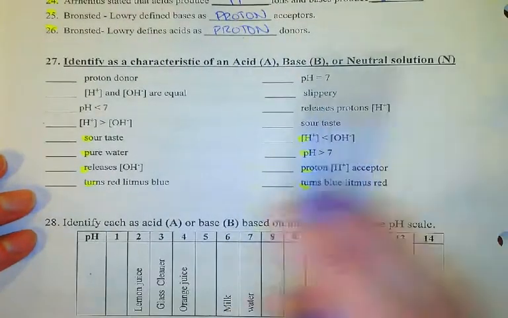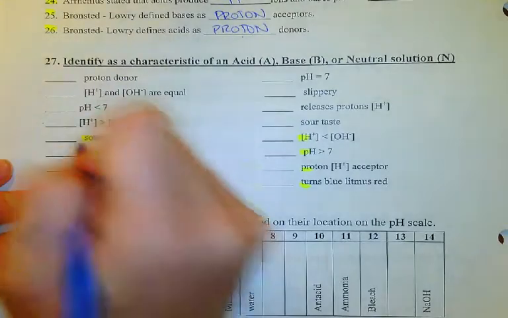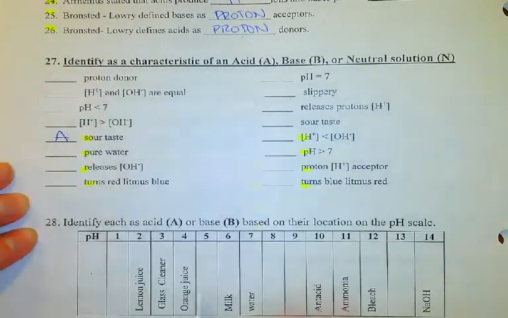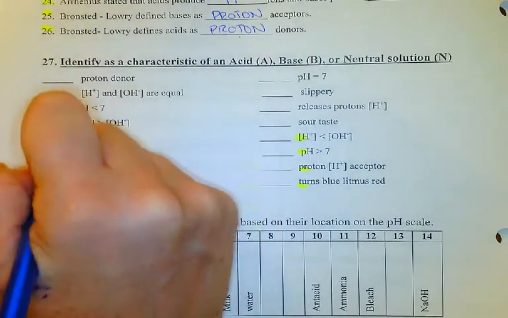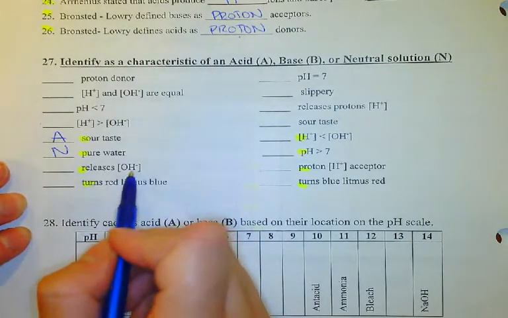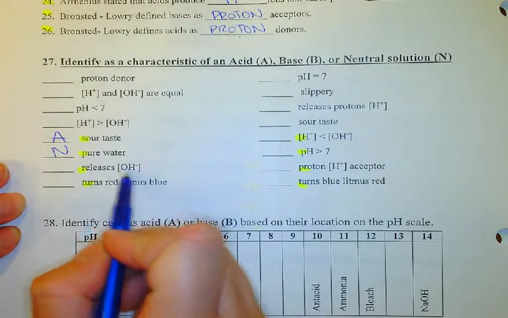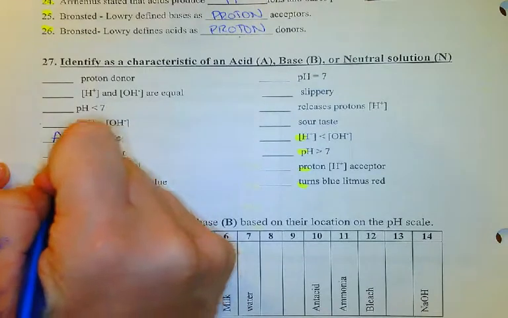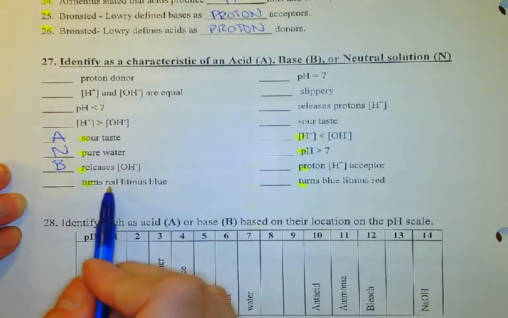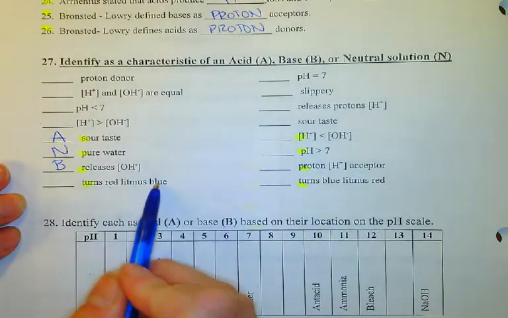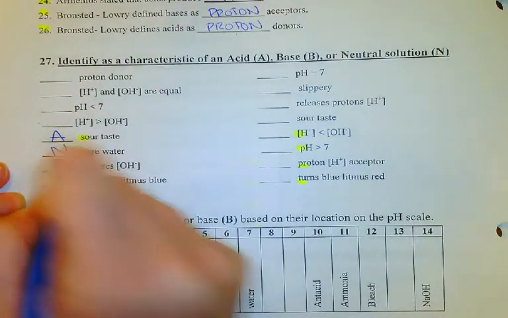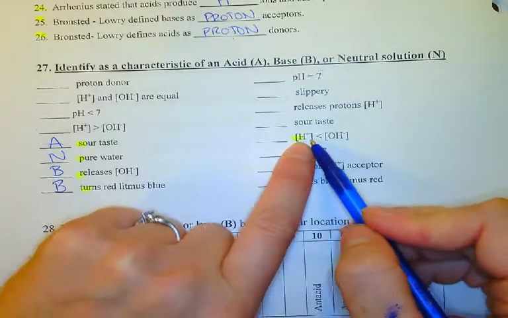Looking at acid, base, or neutral here, sour would be acids because bases are bitter. Pure water should be neutral. Releases OH, so makes more hydroxide ions, that would be a base. Turns red litmus paper blue, that's a bitter blue base. Okay.